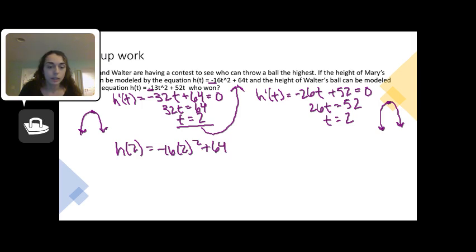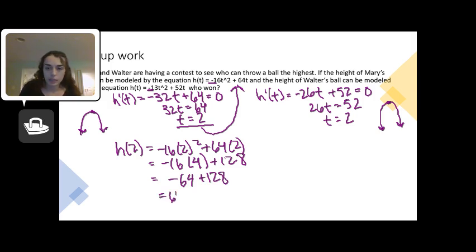This is going to equal negative 16 times 4 plus 64 times 2, which is 128. And then negative 16 times 4 is negative 64. Negative 64 plus 128 is going to equal 64. So that is the height of Mary's ball.